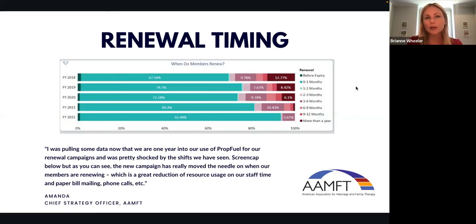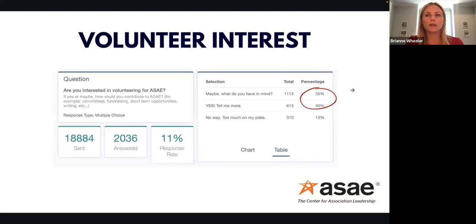If somebody tells you that they're going to renew, you don't need to call them. But if they aren't going to renew, those are the people to call. So it's really a staff resource saving mechanism as well, because you're not spending time on calling people and doing things that you don't need to do.